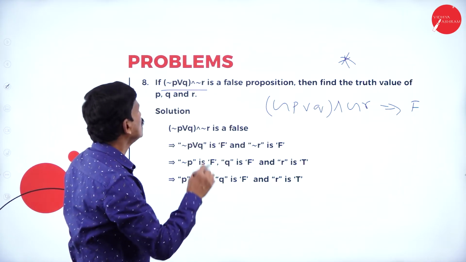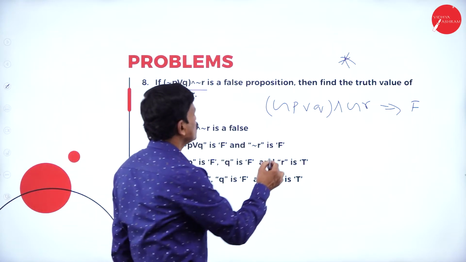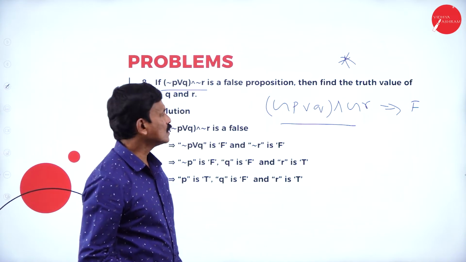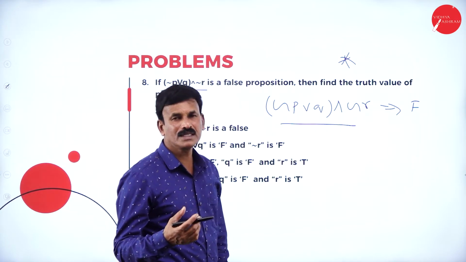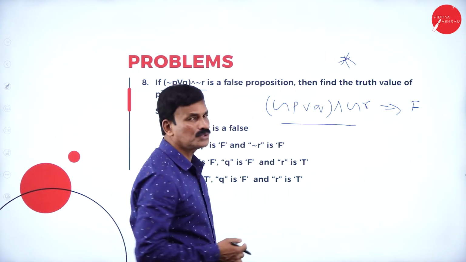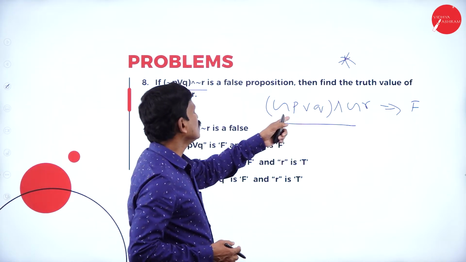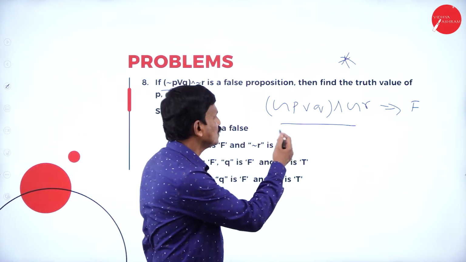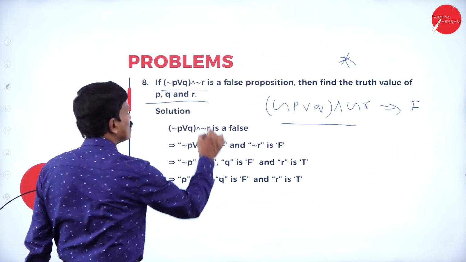Then find the truth values of P, Q and R. One method is to write down the truth table for P, Q, then negation of P disjunction Q, again conjunction negation of R, and just find out where it is false. Then you will get the truth values for P, Q, R.